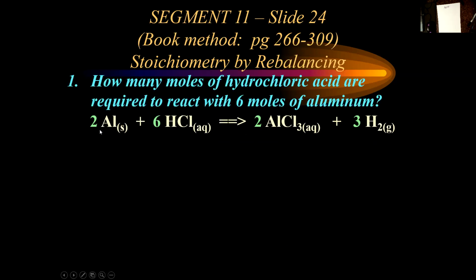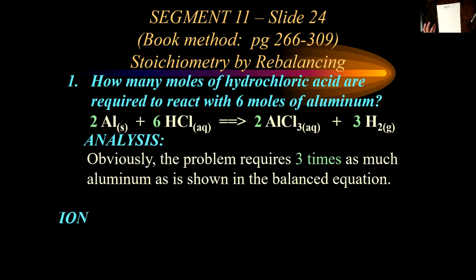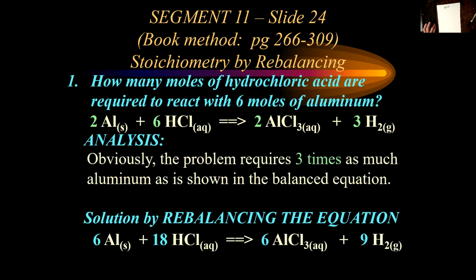What could I do to that equation to make it look like the problem? Well, yeah, multiply by 3. If I multiplied through by 3, now look at what I've got. I've got 6 moles of aluminum reacting with 18 moles of hydrochloric acid to make 6 moles of aluminum chloride and 9 moles of hydrogen.